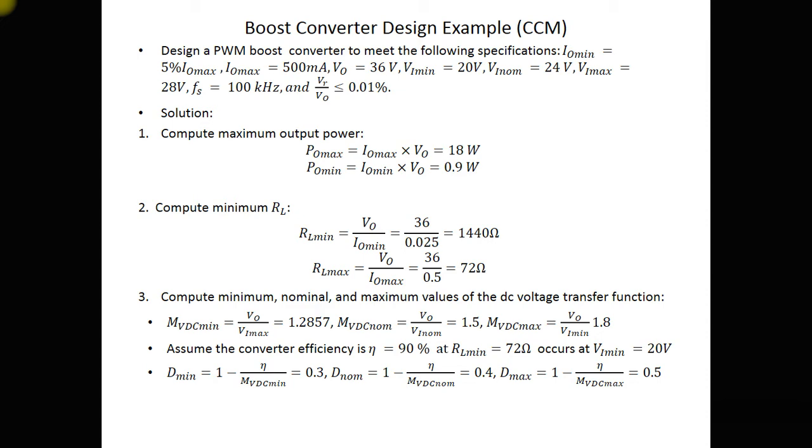This is for the boost converter design. Again, similar kind of approach, different steps though. So you can just have a look at this design also. The design steps are quite simplified and they are self-explanatory. I need not run through each and every step. Just go through the steps.